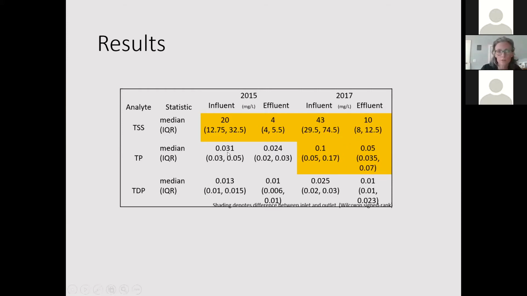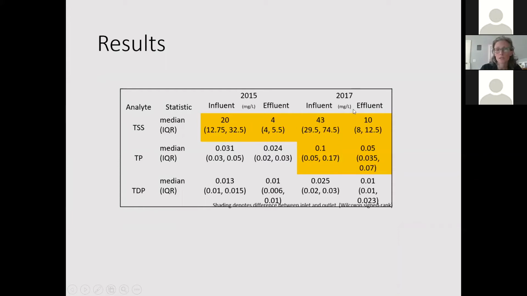In the year 2015, when there was nothing in, that pond was not removing any total phosphorus or any total dissolved phosphorus in any of the storms that we captured. So if I was somebody managing that pond and assuming that it was removing 40% of the total phosphorus, I would be puzzled and a little concerned that it wasn't.